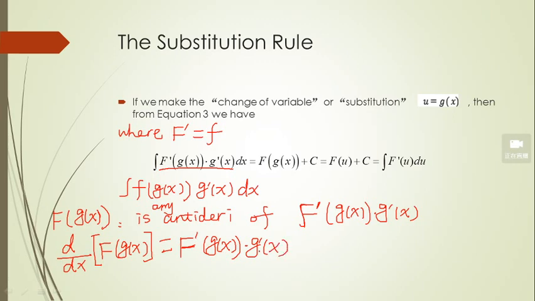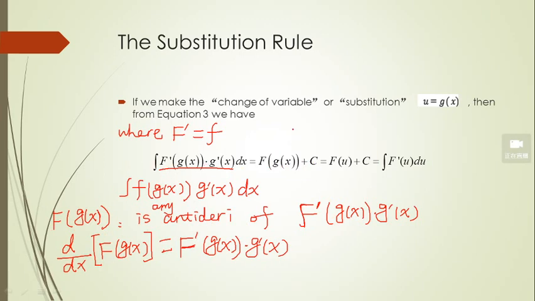This is dF over du, dF over dg(x) with the independent variable g(x), and then this term is dg over dx. So of course this big F(g(x)) is any antiderivative of this one, plus the constant c. That is how we evaluate the indefinite integral.